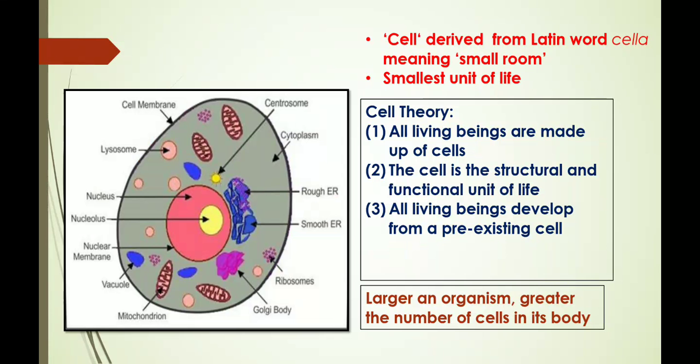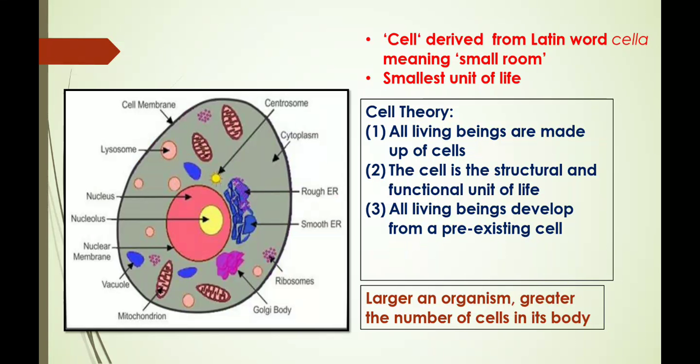It also states that all living beings have developed from a pre-existing cell. That is, initially a cell was present and that cell underwent repeated cell division and finally it gave rise to various living organisms.